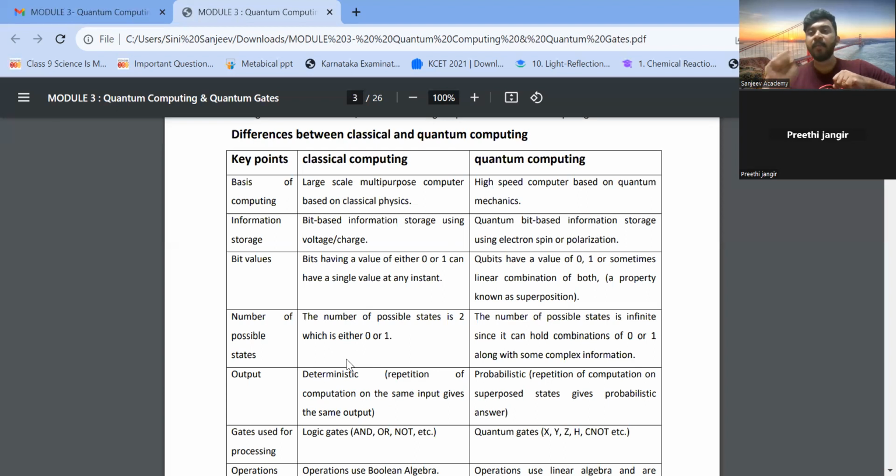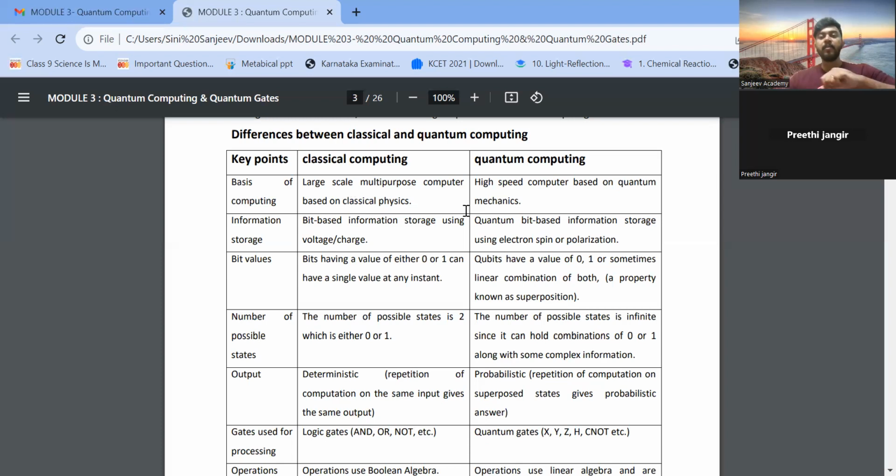Classical computing is basically electrical, in the sense of voltage or current. The bit information, the zeros and ones, is stored in that. But quantum, as I told you, is based on electron spin configuration. Obviously, classical computing is our normal system, but quantum is high-speed computing.